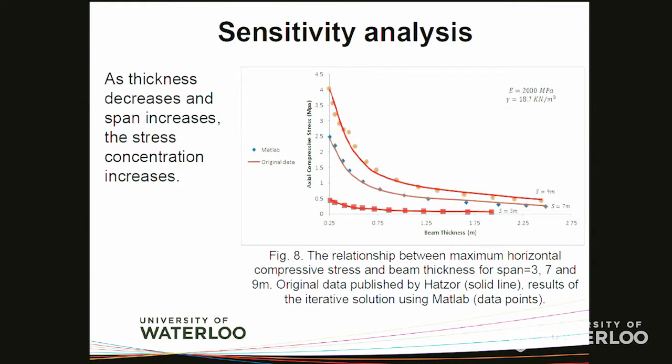But when the span goes up from 3 to 7 to 9, the axial compressive stress, which is the maximum horizontal stress, goes up. So in case of high span, high length, low thickness, I might see a failure due to crushing and a snap through, which we'll get to.